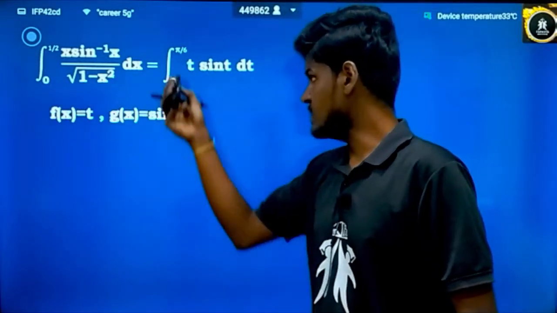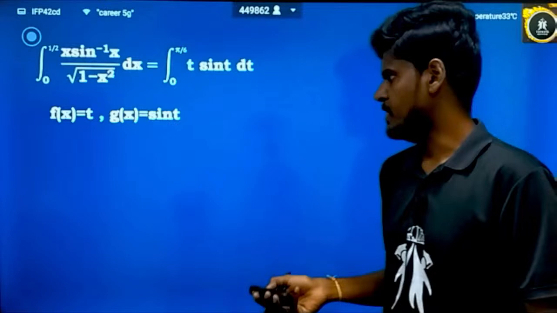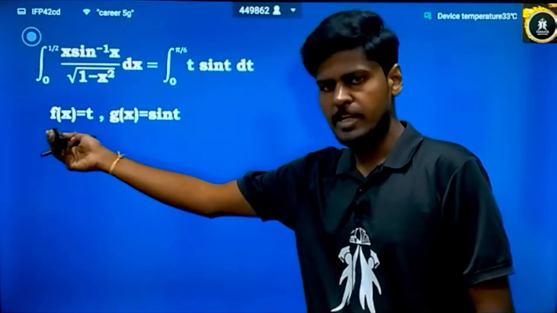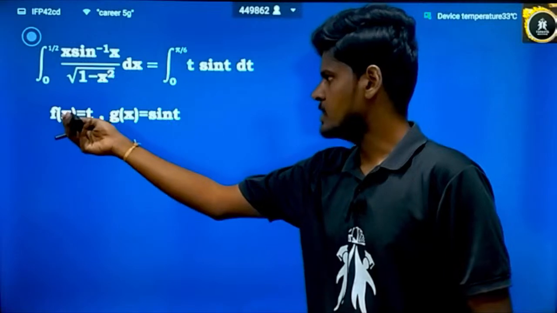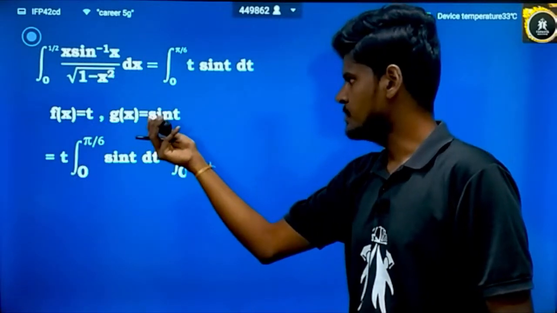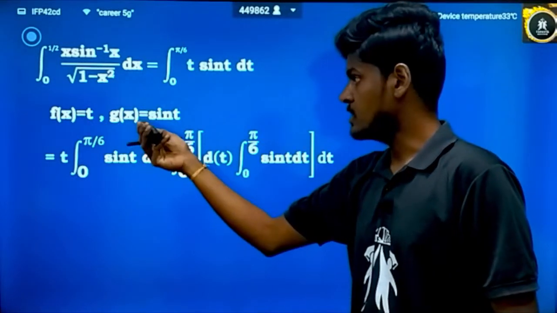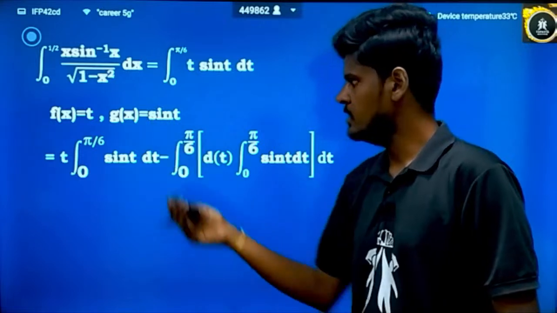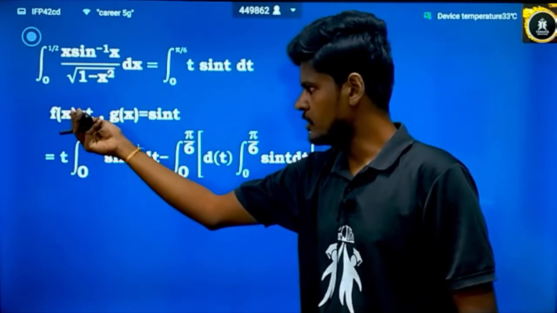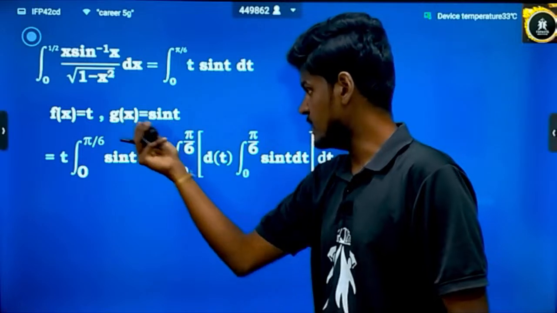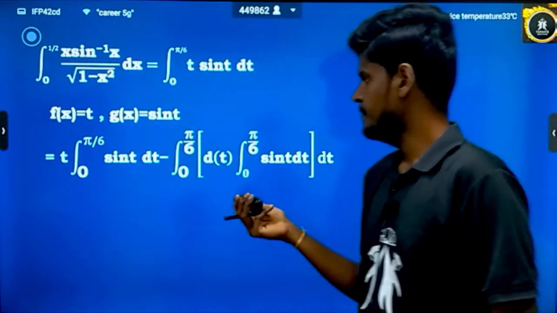dt. And this is integrated using integration by parts technique, where first function is f of x, second function is g of x. What we need to do? First find the f dash of x, similarly g dash of x, integral g of x, and then use the formula. What is the formula? First you will write u into v. V is nothing but integral of g of x.